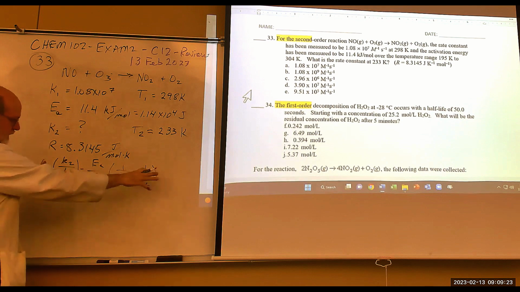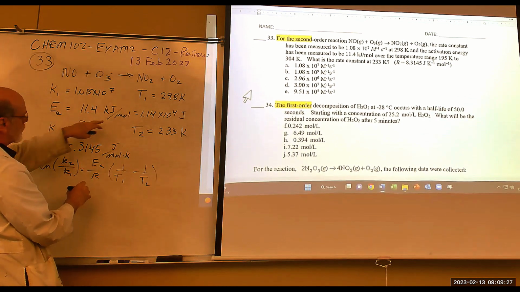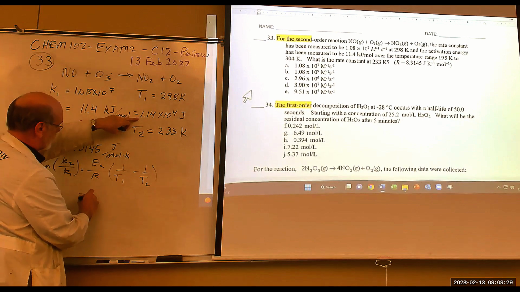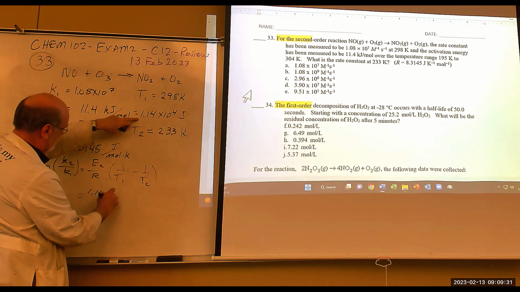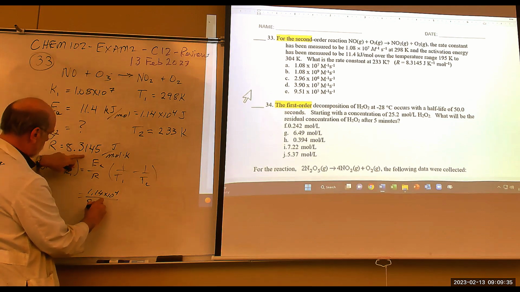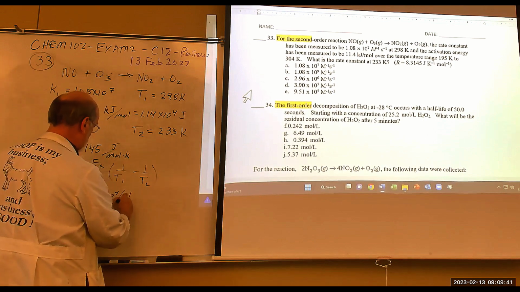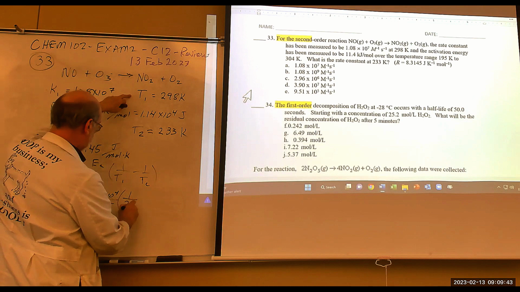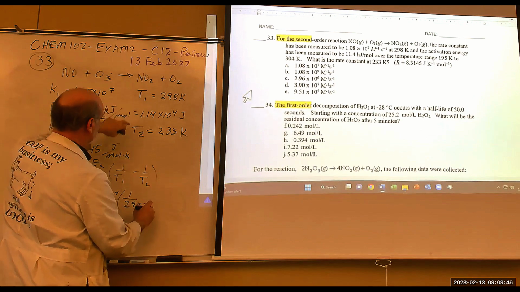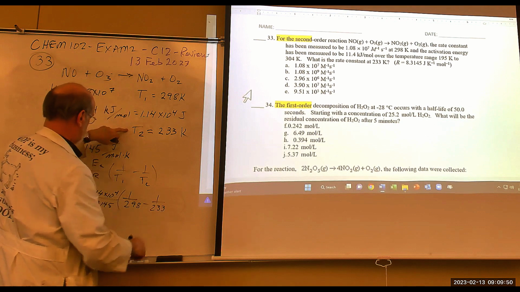So we can plug in everything over here that we know at this point, right? We know that value, 1.14 times 10 to the 4th, and we know this value, 8.3145. And we also know these values, 1 over 298 minus 1 over 233.